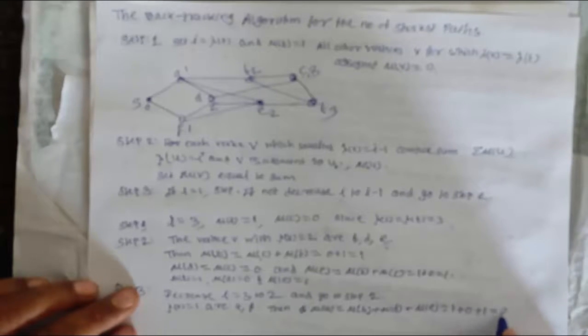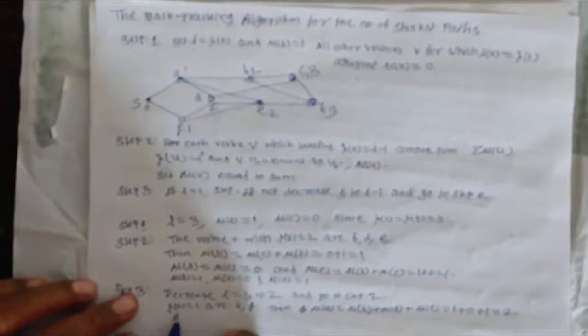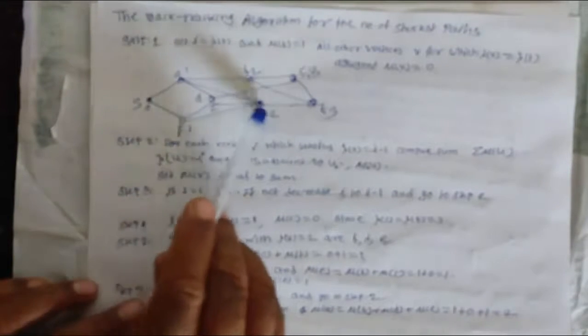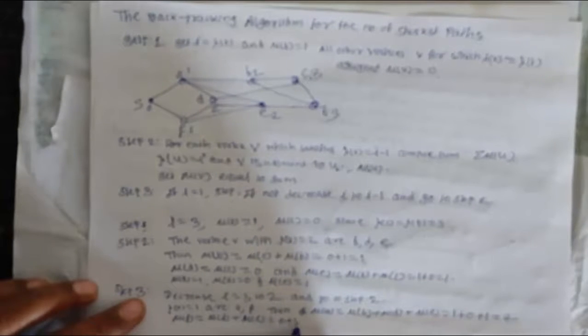This is 2. Now mu of F is equal to mu of D plus mu of E. This is 0 plus 1 is 1.